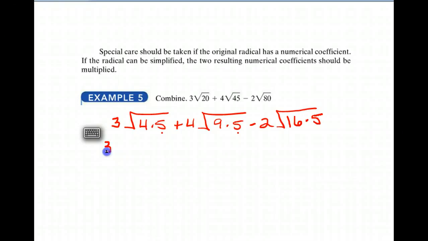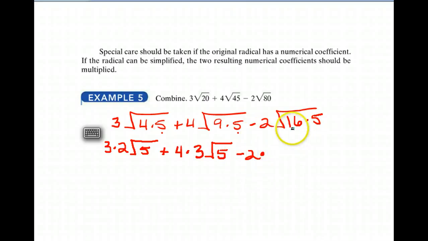So I'm actually going to show that step here, and eventually you will learn to do this in your head, but I want to show it to you in writing. In the next step, when you evaluate the square root of 9, it's going to get multiplied to the coefficient of 4. And then we have minus 2, and we're going to multiply that by the square root of 16, which is 4 times root 5.